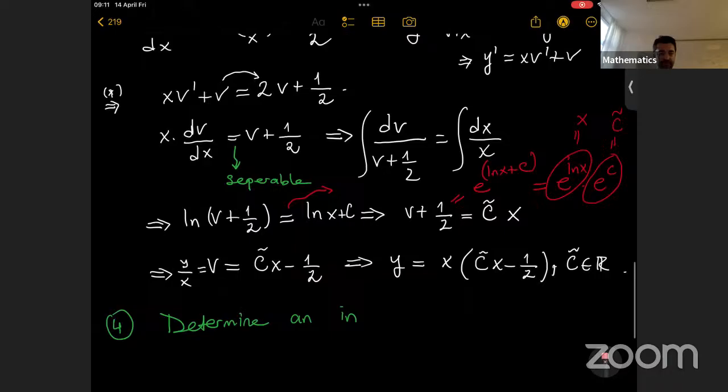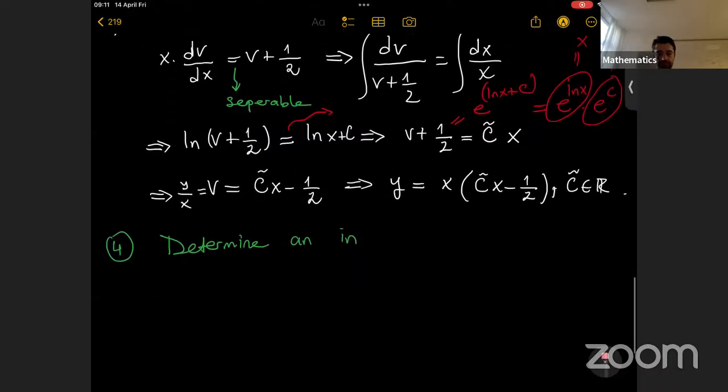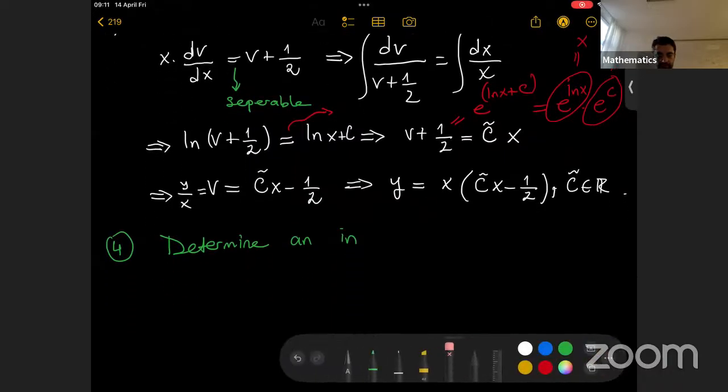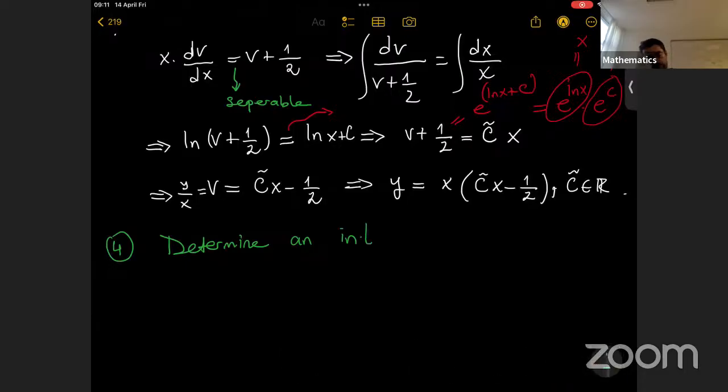All right, determine an interval in which the solution to the IVP exists.